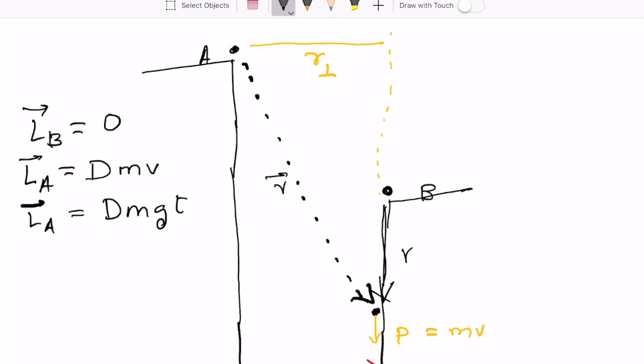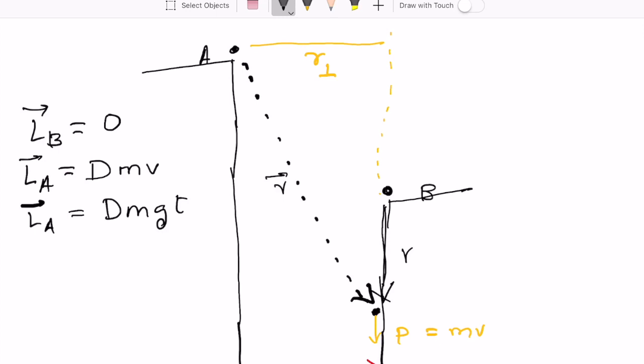Now, the second part is asking, what is the torque measured by A? Now, torque is force multiplied by lever arm, right? The only force on the falling object is the force of gravity, which is mg, right? So mg would have the same arrow in the downward direction, just like p. I'm not drawing it because it would just make the diagram more cluttered.